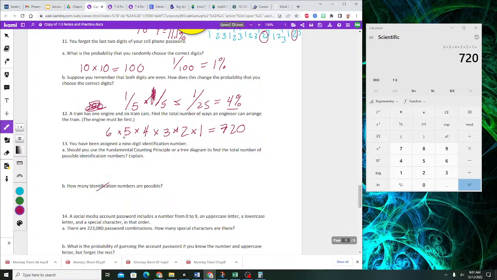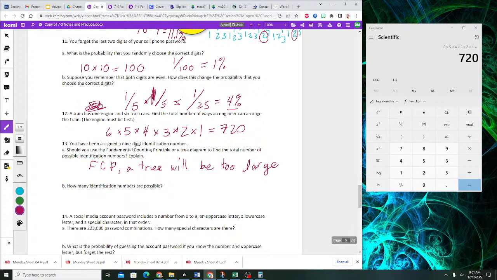You have been assigned a 9-digit identification number. Should you use the counting principle or a tree diagram to find the total number of possible identification numbers? You should use the FCP. A tree will be too large. You do not want to make a tree out of this. So how many identification numbers are possible?